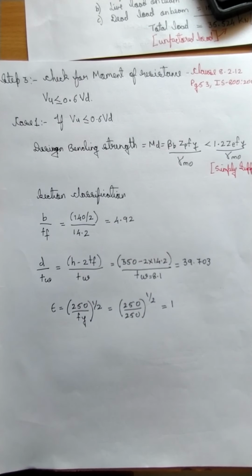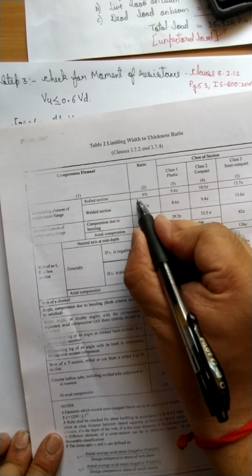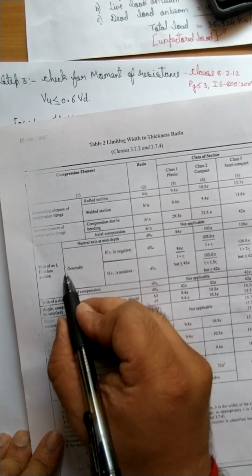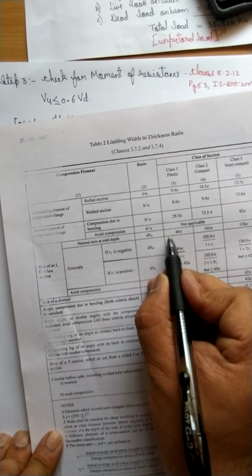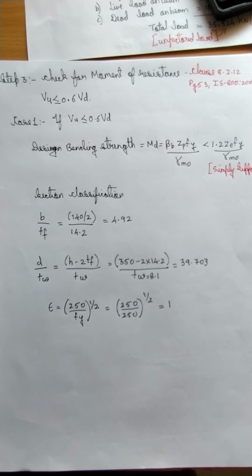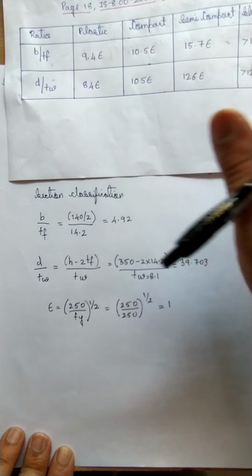Now we will go back to page number 18, where we will get the classification of section. So this is the classification of section. Two ratios we have found for rolled section, outstand of the flange, B by TF, and neutral axis depth D by TW, for which I have prepared a table, you can refer to it. So what is happening here? This is the table.